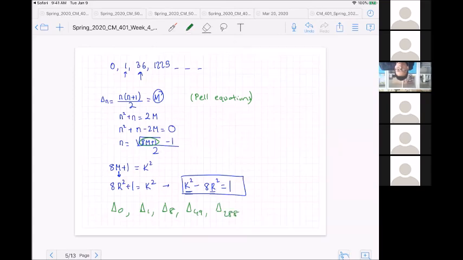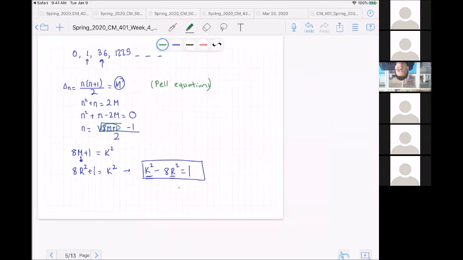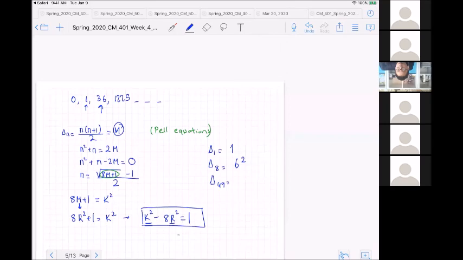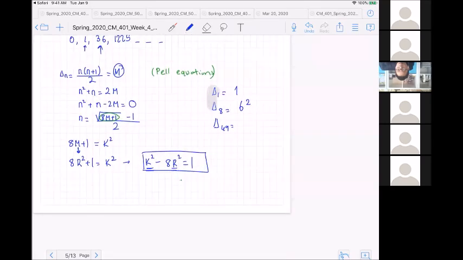Let me show the triangular number in the other part here. So for example, triangular 1, we can see that this is 1. Triangular number 8 is 6 squared. Triangular number 49, let me show it with T: T1, T8, T49 is 35 squared.